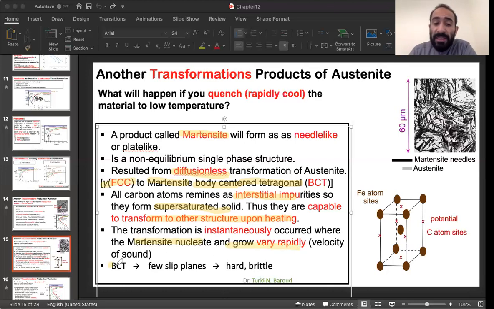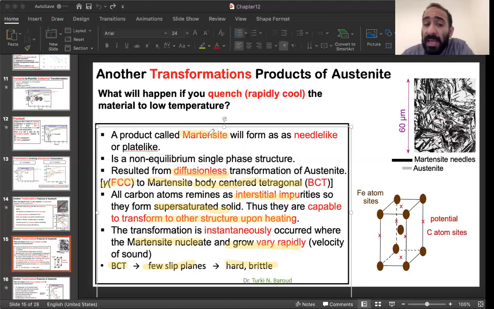So you have BCT and few slip planes. Therefore in terms of mechanical properties, we're expecting this martensite to be very hard and very brittle. So the main message of this slide is telling us that if you rapidly cool the material from austenite to room temperature, the resulting final microstructure will be martensite.